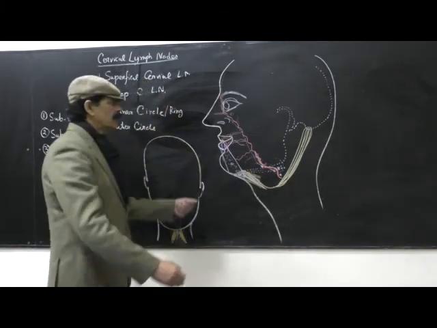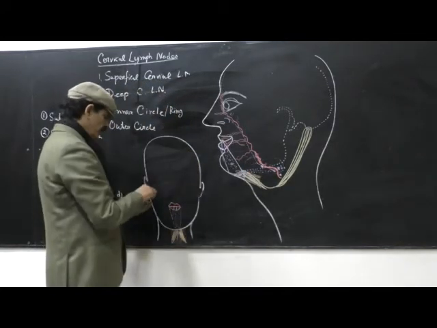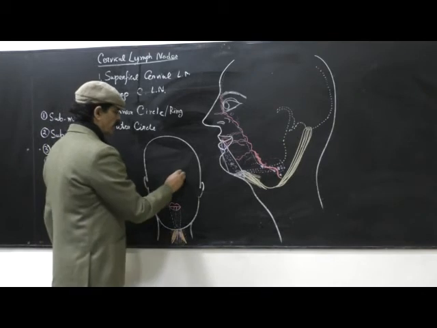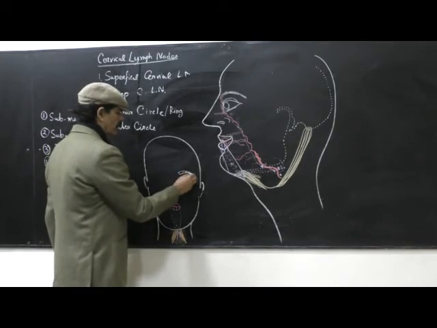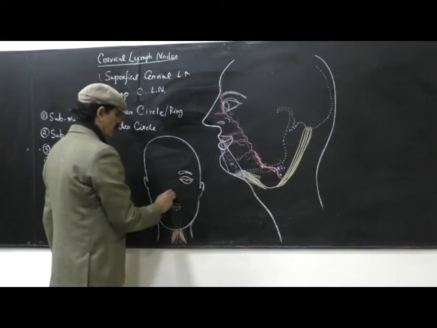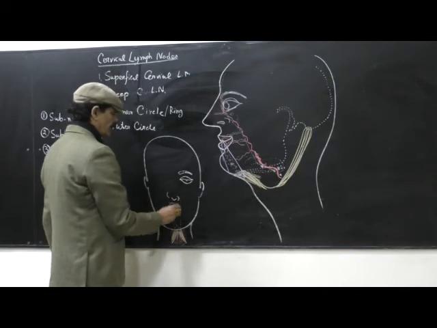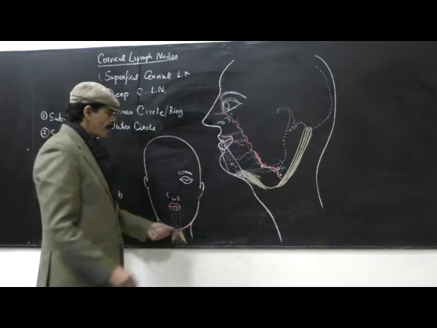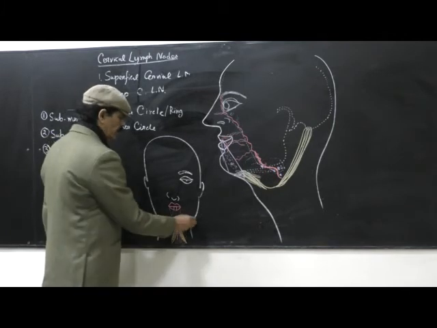So again, it is covering a wedge-shaped area of the face, that is the drainage afferent of the submandibular group of the lymph nodes.